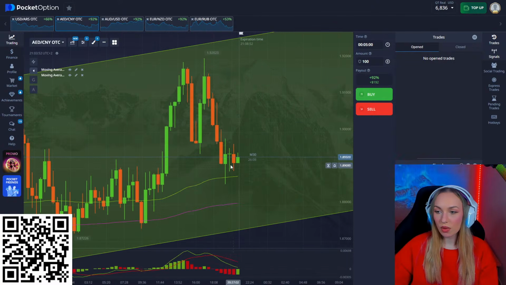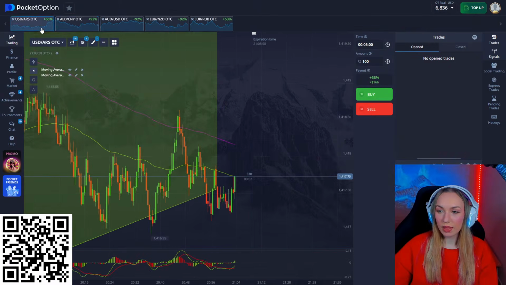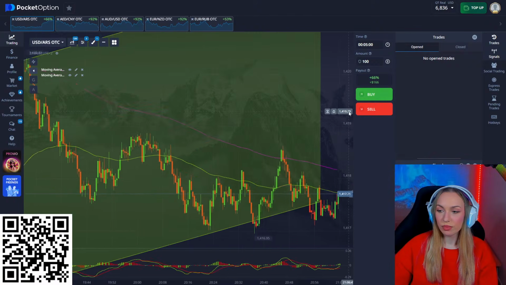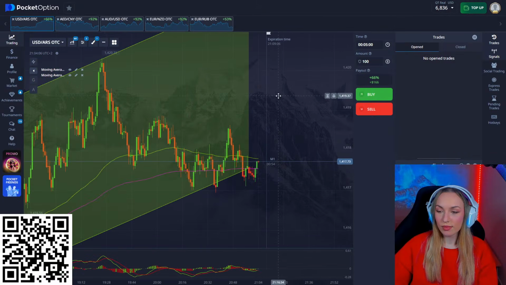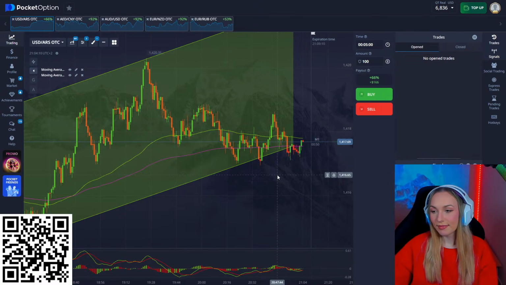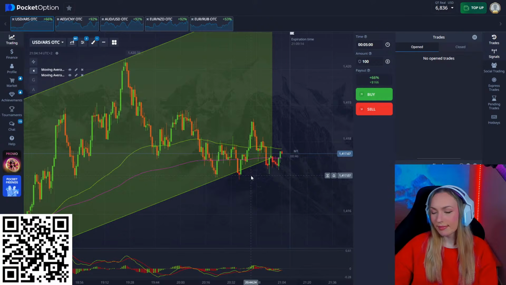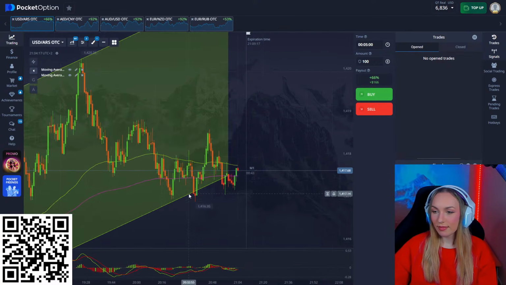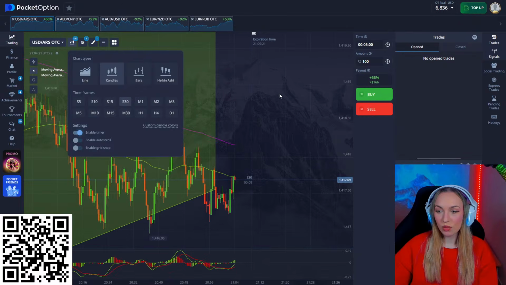Well, actually there are already 4 candles on the same place. USD ARS doesn't want to go up.